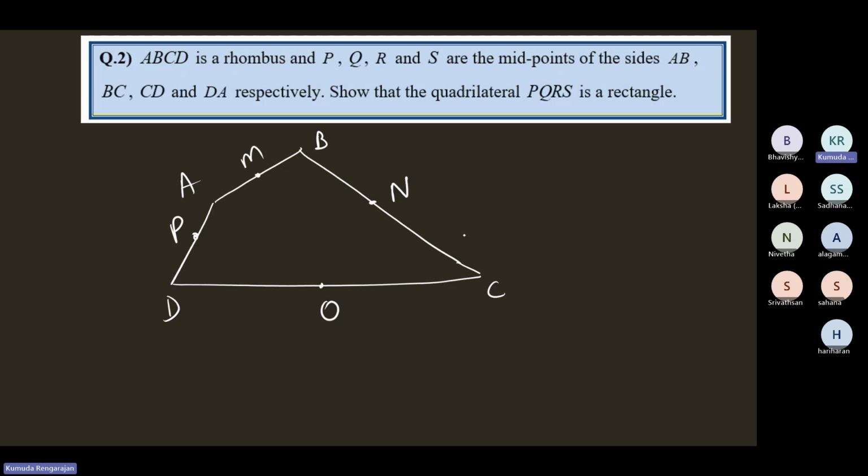Now, ABCD is any quadrilateral. M, N, O, P are the midpoints of the sides of the quadrilateral. Now let's join the midpoints. There are 4 non-collinear points, which will form a quadrilateral. So let's join these 4 points.